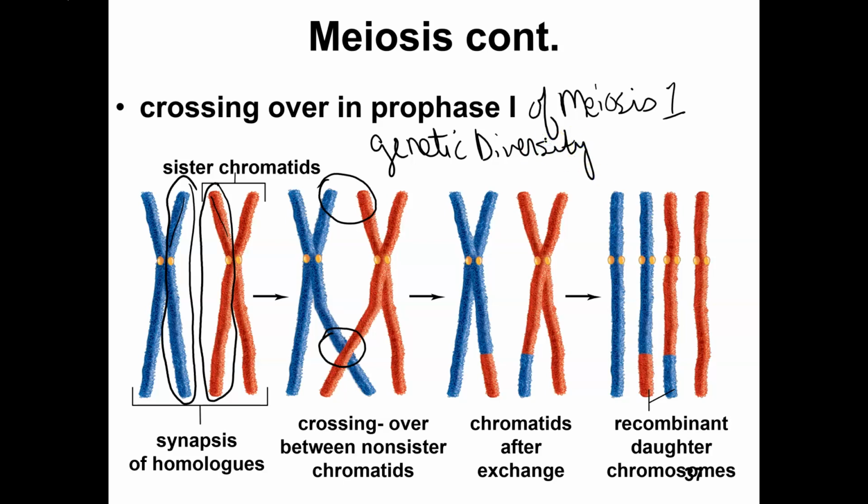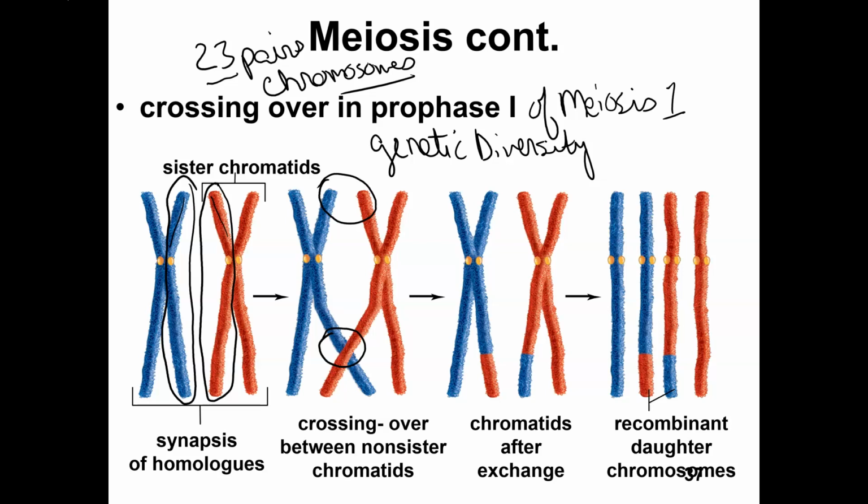So we have 23 pairs of chromosomes, which means we could have crossing over occur on every single chromosome one time. We could have crossing over occur 2 times on every single chromosome. Or we may have no crossing over occur at all.